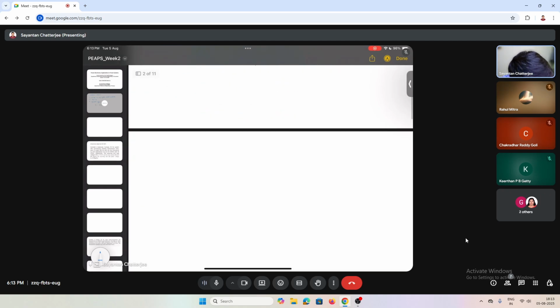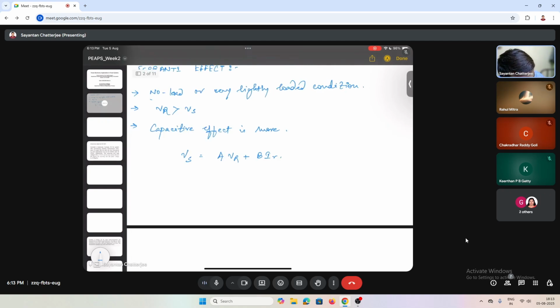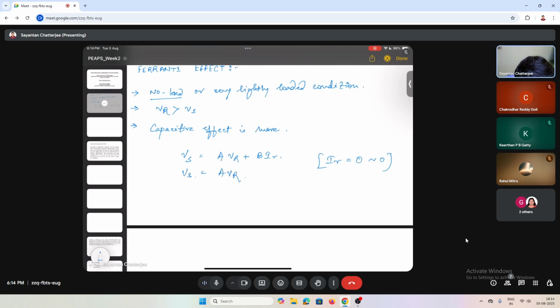Now the system is lightly loaded or no load. So in these cases, what will be IR? Zero or close to zero. So 0 or tends to 0, right? So there would be no effect of this term, so we may neglect this part. This can be rewritten as A VR. So VS can be written as A VR.